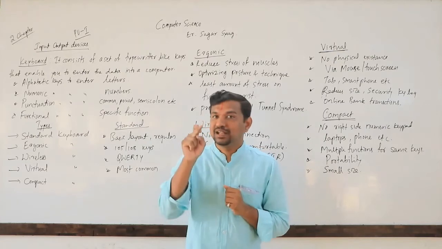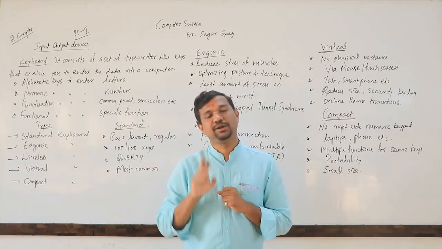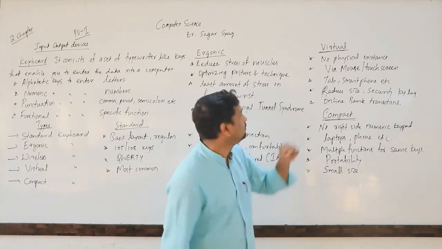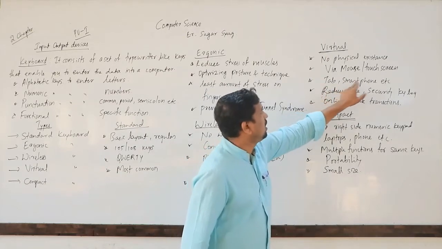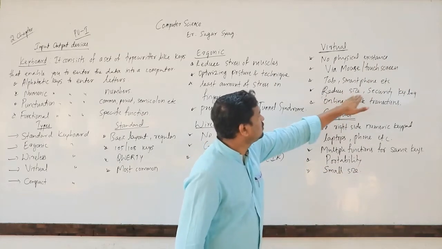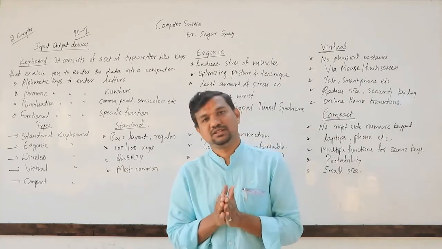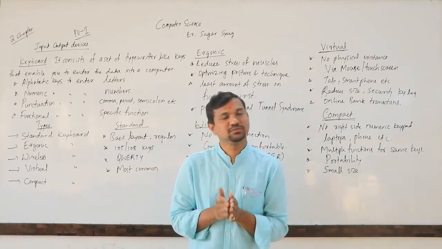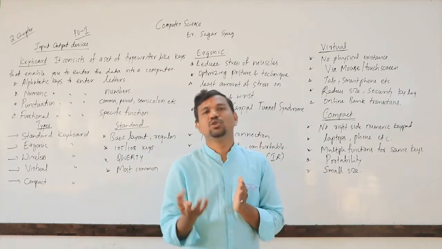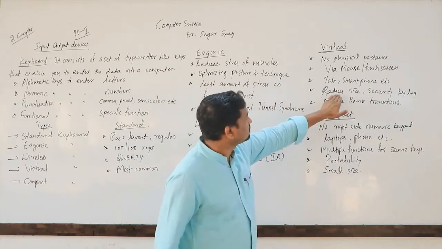In a tab or a mobile, we use the touch screen to enter the data. Tab, smartphone, etc. We know the application of that one. And the size is reduced. There is no need of a separate keyboard set on the screen.